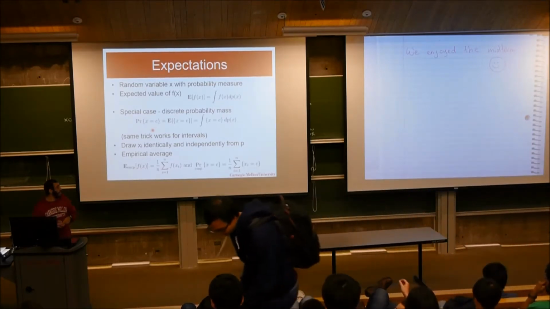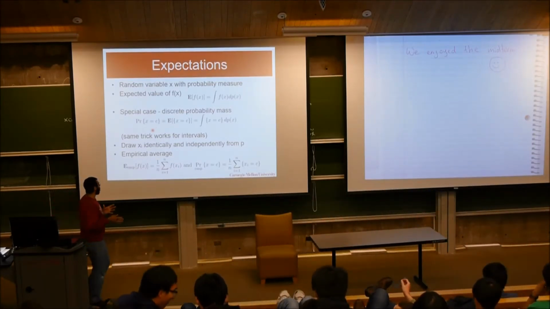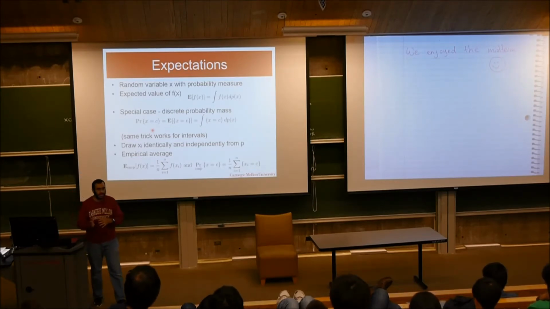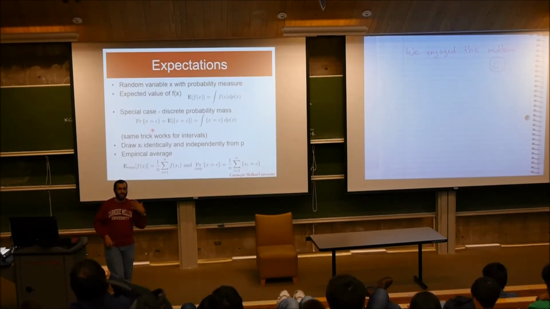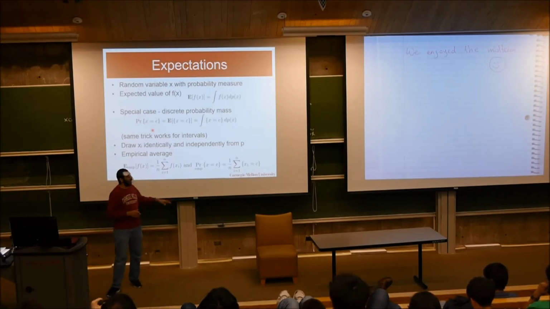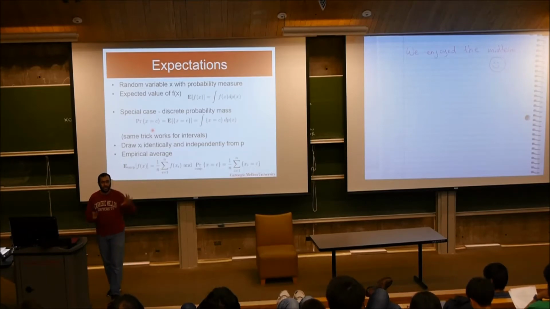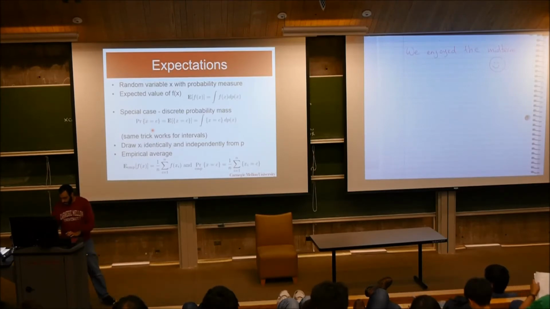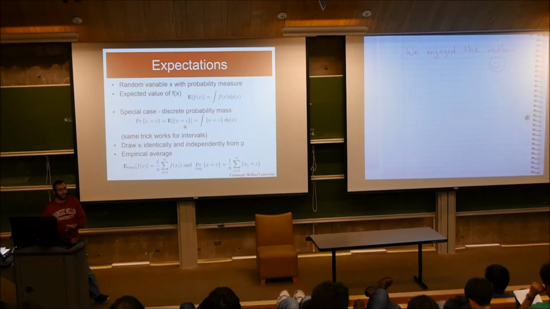So, for example, this is also something you should be aware of. The probability of an event is the expectation of an indicator variable that's 1 if and only if this event occurs. So suppose that we have an indicator variable here that's equal to 1 if and only if x is equal to c.